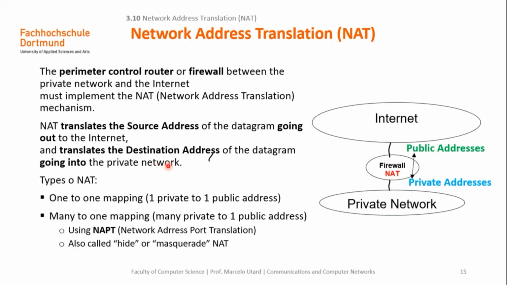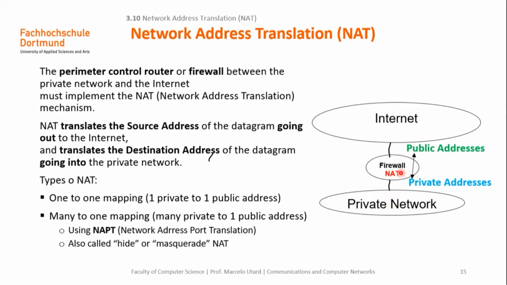When, for instance, a datagram comes from the internet and goes into the private network, destined to a particular public address, but in fact directed to a host in this private network that uses a private address, then we need to translate the destination address of the datagram in order to reach the final destination within the private network.